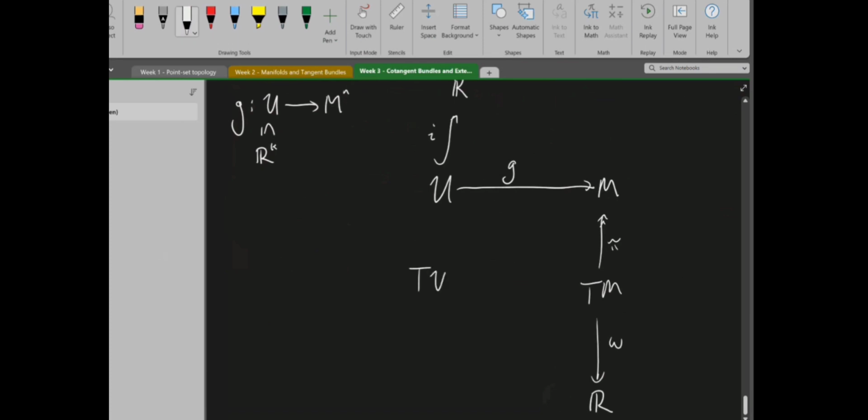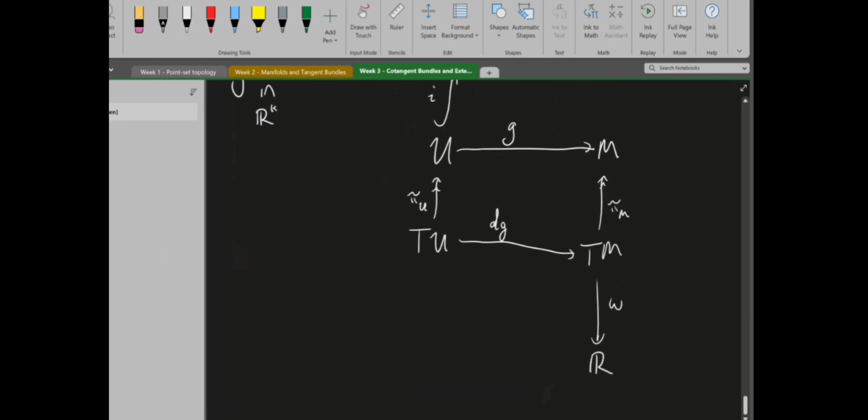You also have TU, the tangent bundle over U. You have the exterior derivative of g. And namely, you want to get a differential form on U. So this is now going to be g star of omega. This is the induced map by the pullback.